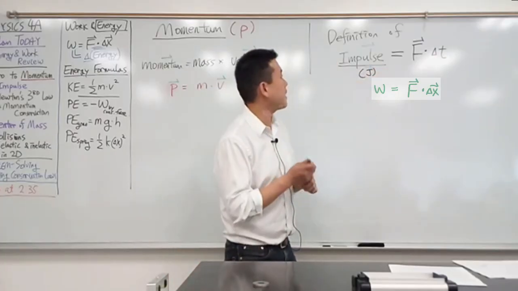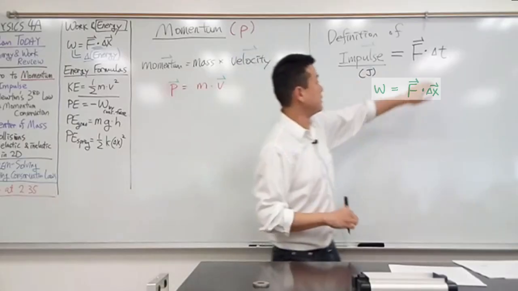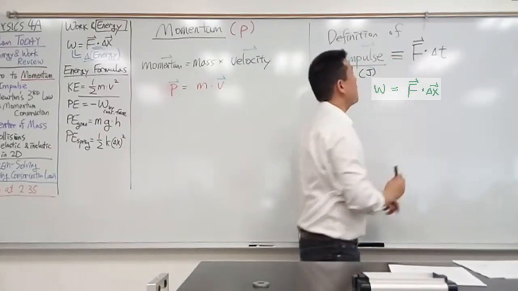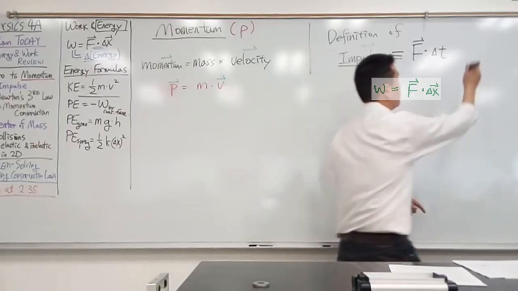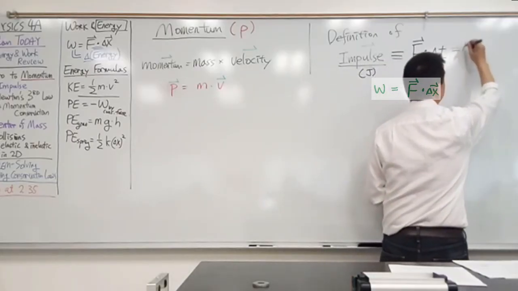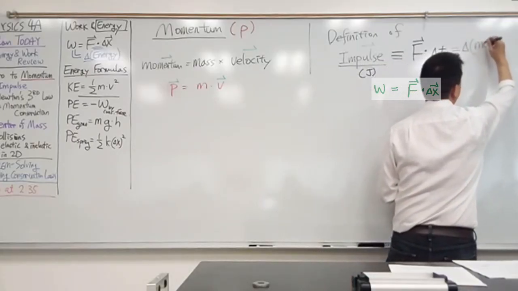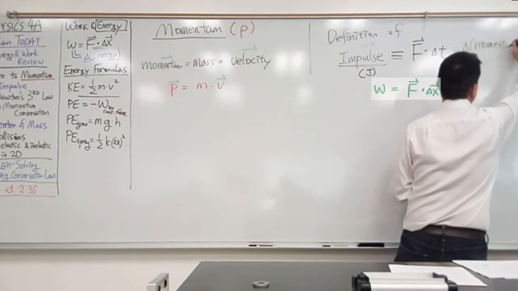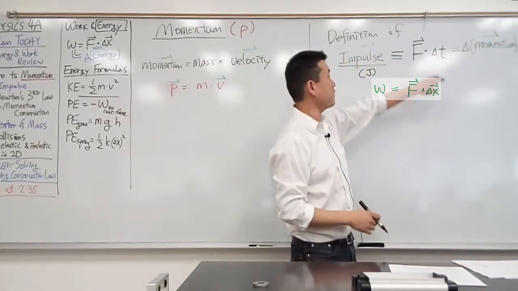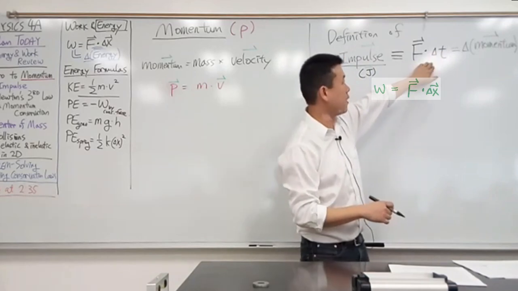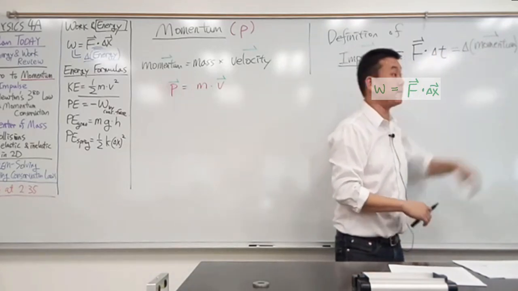So let me finish this out. This is how we define impulse, and we will see soon that it happens to give us change of momentum. And we'll go through the quick algebra to show that impulse gives change in momentum of an object.